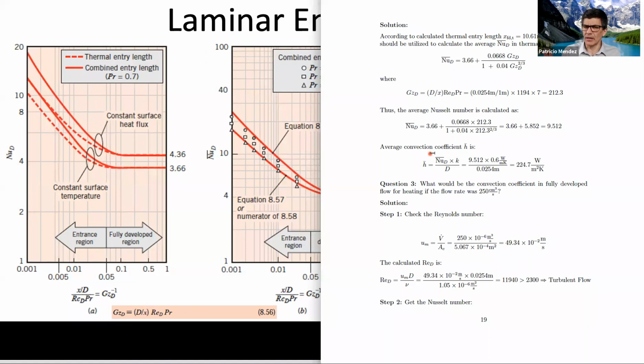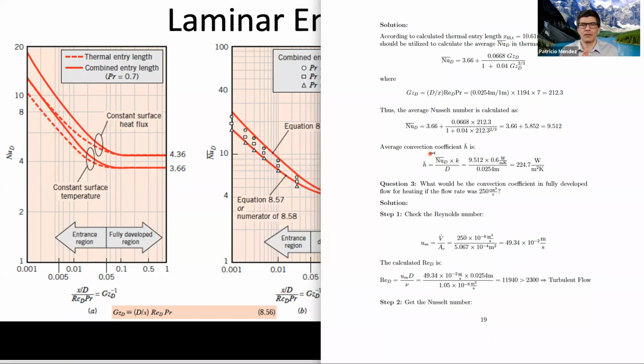We know so much. Nobody told us how long the pipe is in reality, but we would know if the pipe is less than 10 meters, we're in the entry length. If the pipe is much longer than 10 meters, that would be a crazy heat exchanger. Then eventually the fully developed flow conditions dominate.